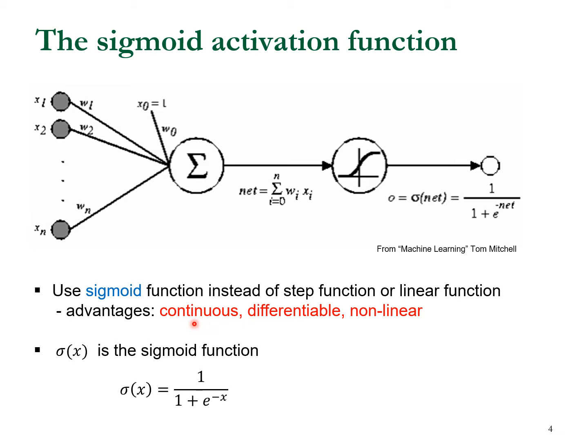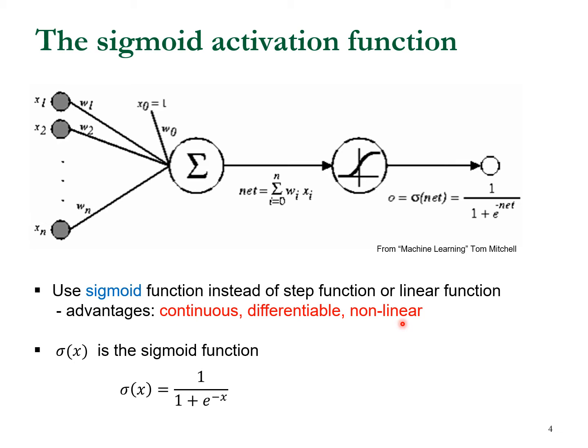Another advantage of the sigmoid function is that it is a non-linear activation function. As you can see here, the sigmoid function is not linear. It's curved, right? A linear function means the shape of the function is a line. That's the definition of a linear function. The definition of a nonlinear function is that the shape of the curve is nonlinear. Definitely the shape of the sigmoid is not linear, not a line, so the sigmoid function is nonlinear.